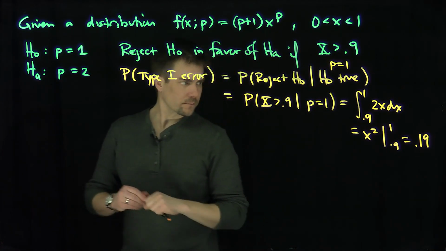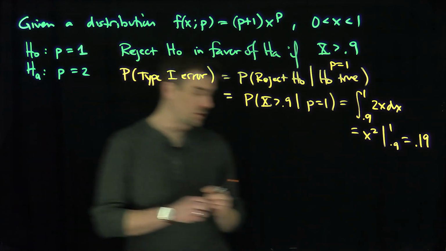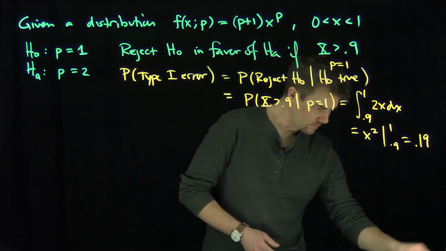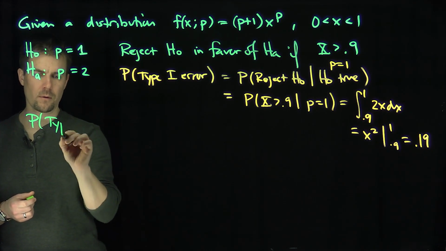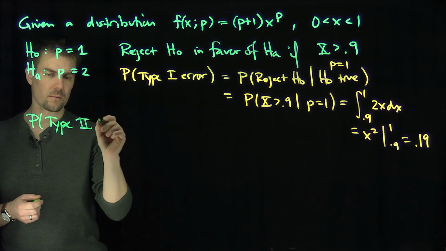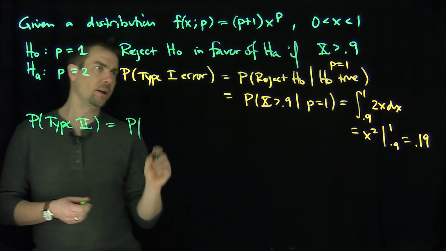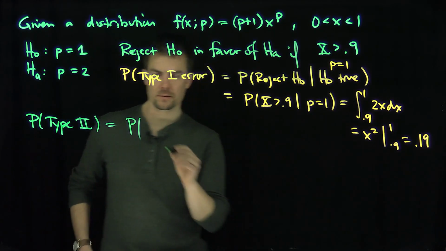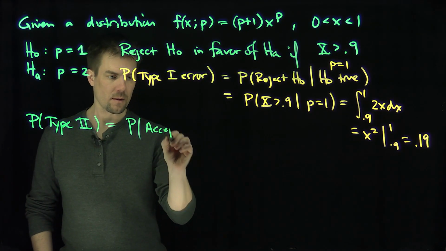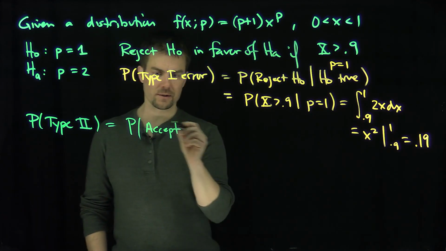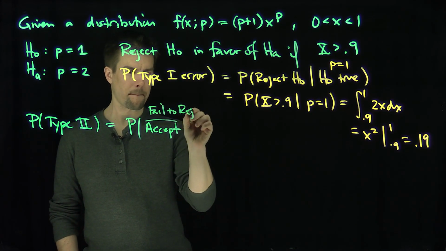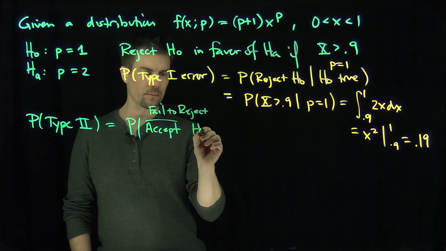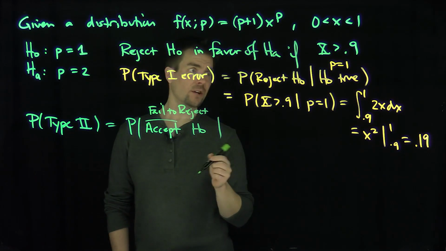All right. Now let's find the probability of a type 2 error. The probability of a type 2 error is the probability that we accept, or fail to reject, H0, given that H0 is false.